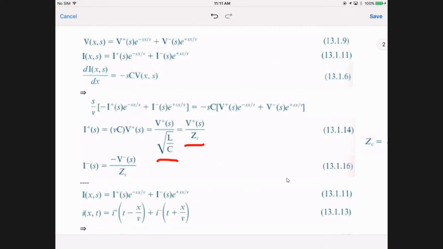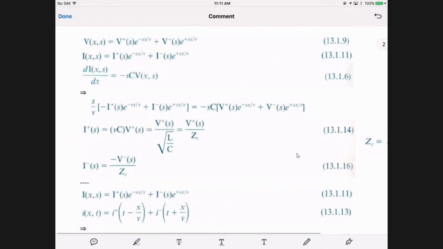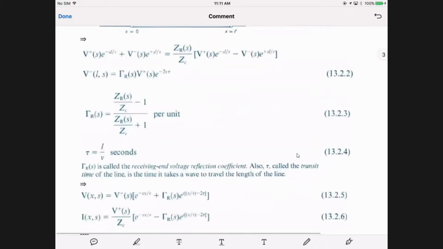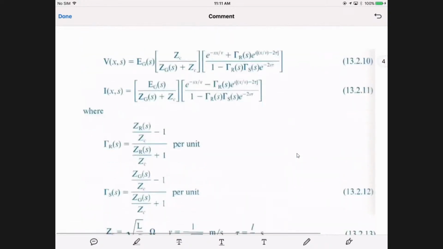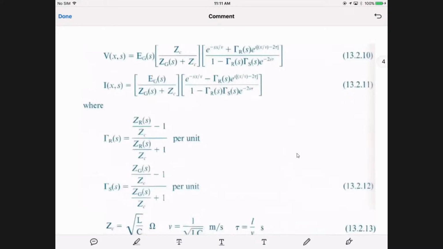But practically speaking, what does a matched load mean? Match means equal, so it means the impedances are equal. The vision of matching is that sometimes there is a reflection, sometimes there isn't. If the receiving end impedance matches the characteristic impedance, then the numerator becomes 0.